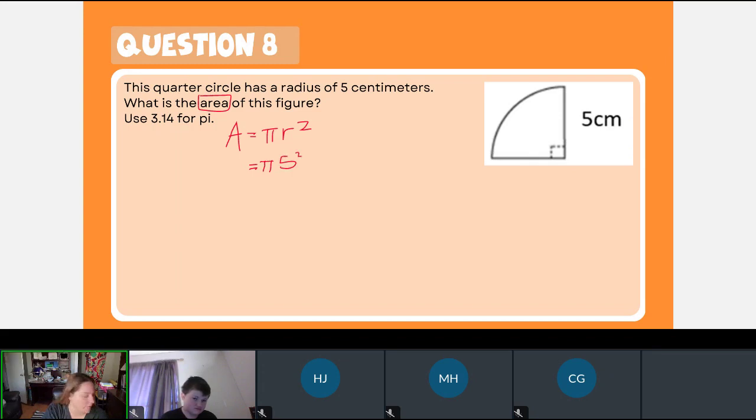What is 5 squared? Somebody tell me what is 5 squared? 5 times 5. 25. Good. And then what is 25 times 3.14?